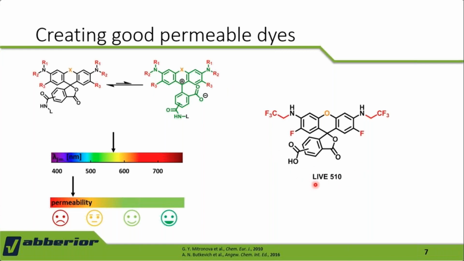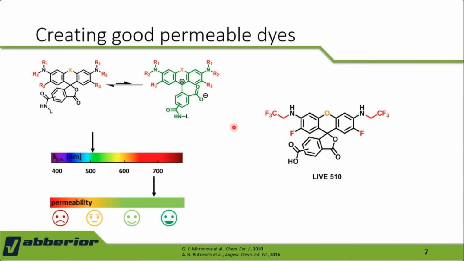So-called Life 510, where we add these fluorine atoms here on the xanthene ring system, which are electron-withdrawing groups. This has two effects. One effect is that we shift the spectra into the blue region. So now the emission maximum is at 509 nanometers, and the permeability decreased drastically.